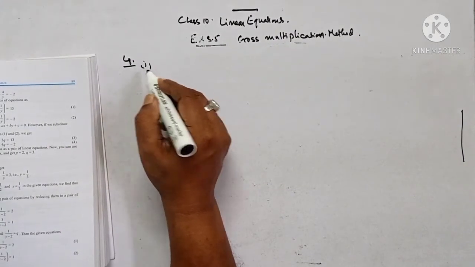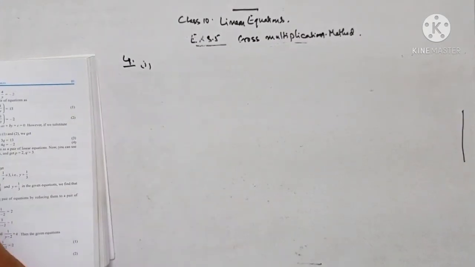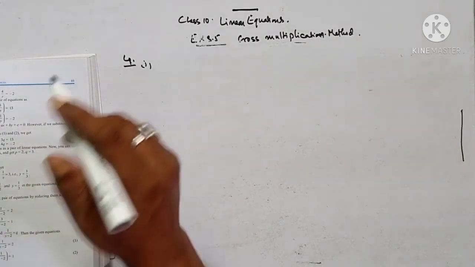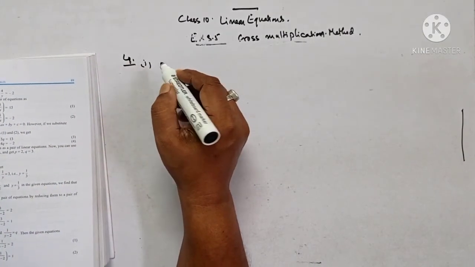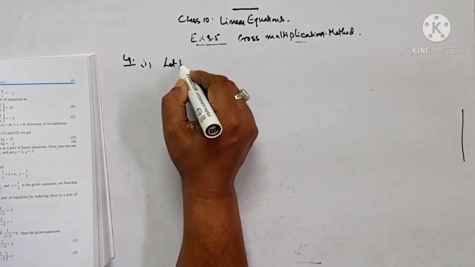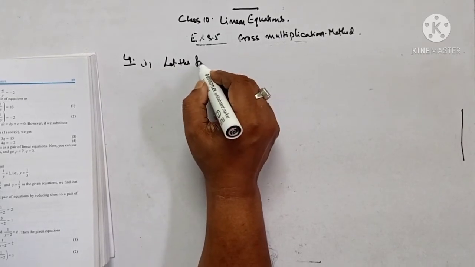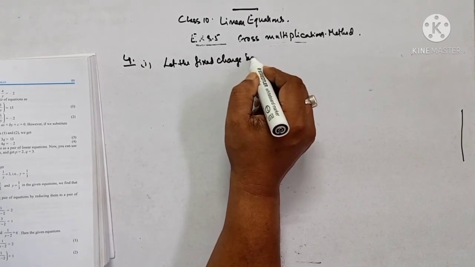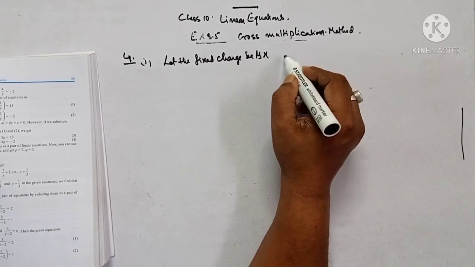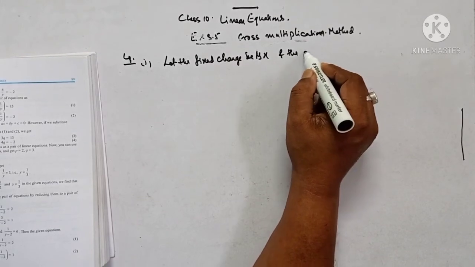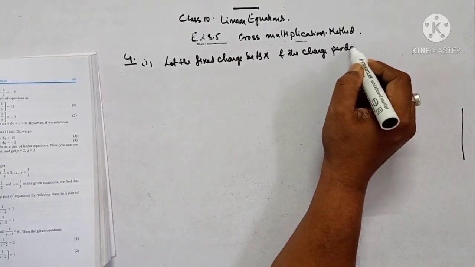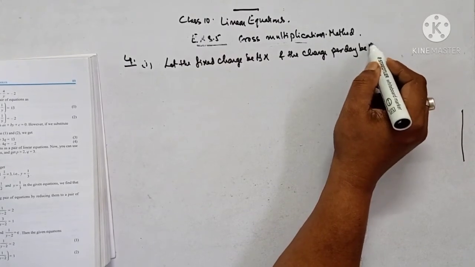First, a part of the monthly hostel charge is fixed and the remaining depends on the number of days one has taken food in the mess. Let the fixed charge be rupees x, and the charge per day be rupees y.